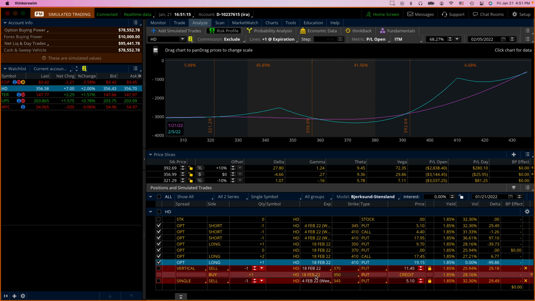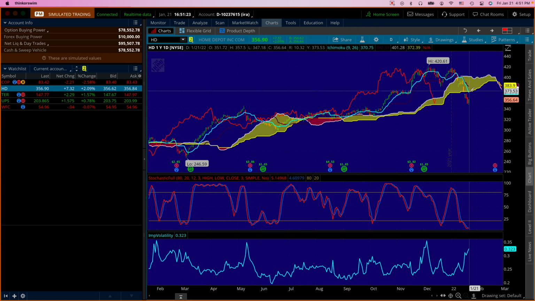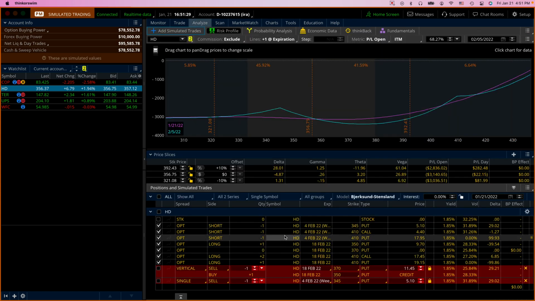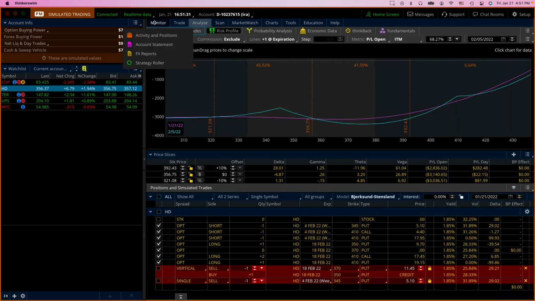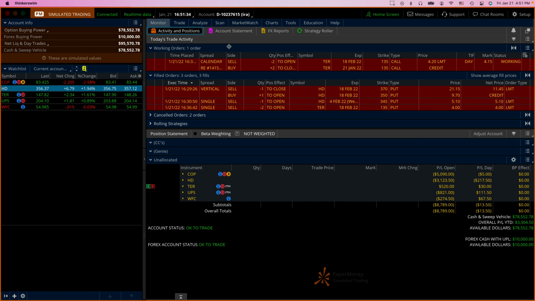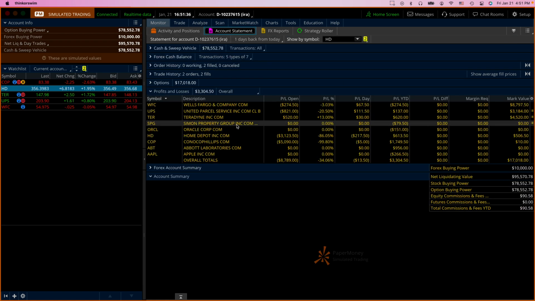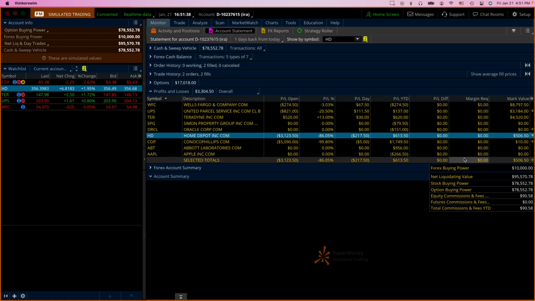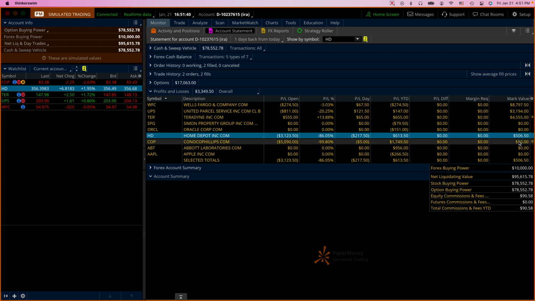Okay, so I adjusted in such a way that my deltas are more neutral because I feel that Home Depot has fallen significantly and now it could go sideways to higher. And this is a way to control that. And in the process, if you go to the account statement, Home Depot highlighted here, you can see that the market value of the trade now is only $506.50.